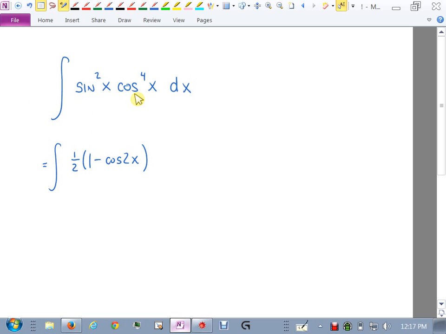And then this one is the 1/2 times 1 plus cosine 2x, but then squared dx. So I'd have to do the power reducing on this. I'm writing this as cosine squared x, squared.